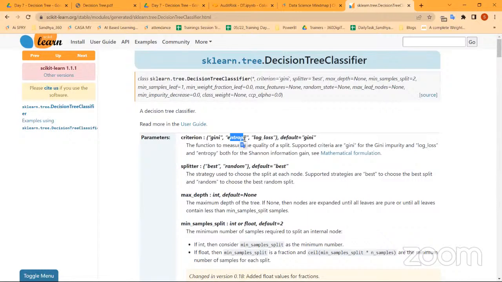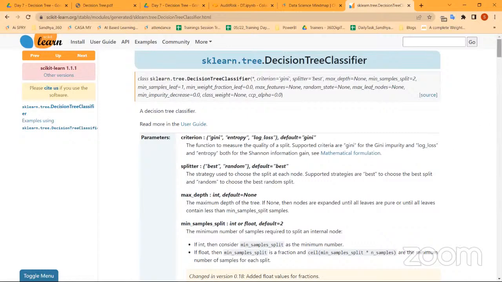And then we have the splitter: do you want to split the data as the best split or just a random split? You can see the default values as well, friends. When you don't mention anything, by default the Gini criterion is considered, and for the splitter, by default best is considered. And then maximum depth, how many branches you want, which tells us the maximum depth of the tree.